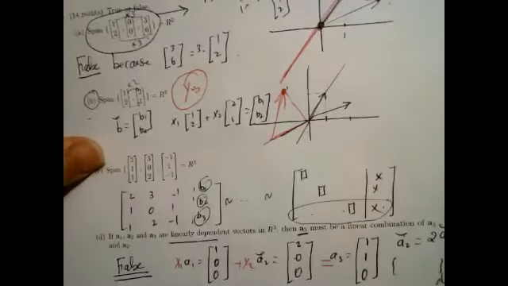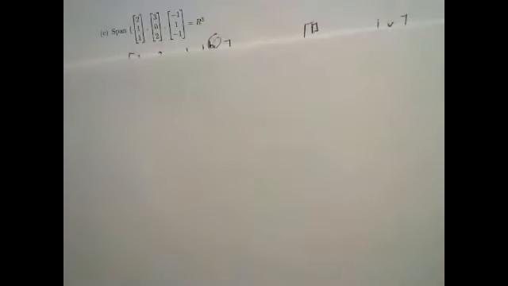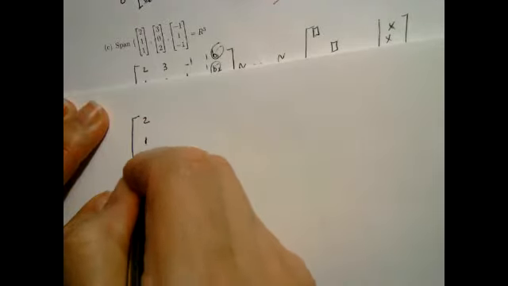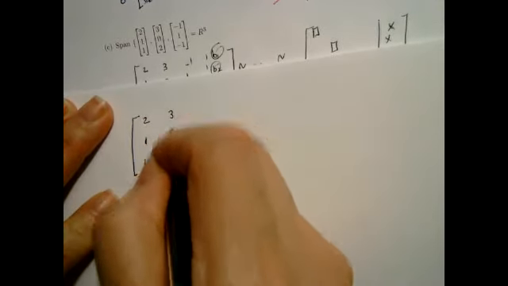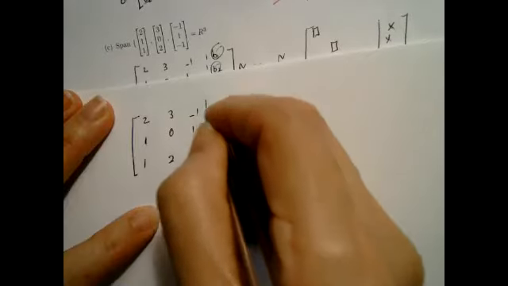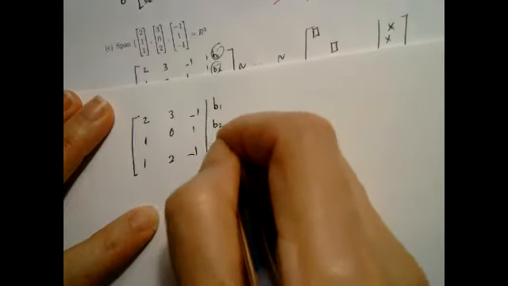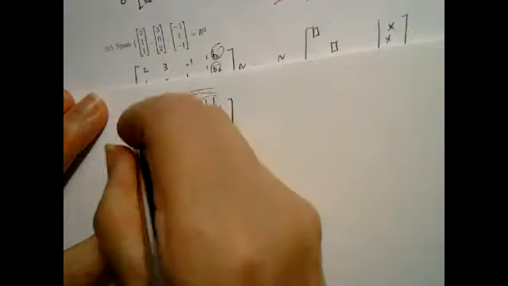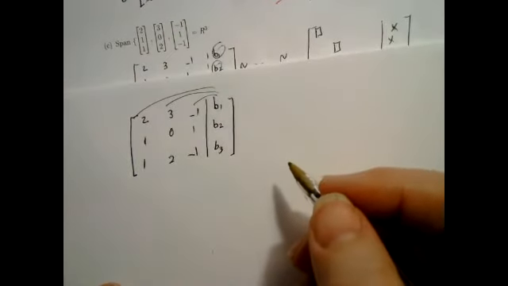Okay, let me work it out, because this is one of those questions that I cannot just look at those vectors and tell. If I work it out, it means I ask myself, if I plug in any vector here, can I write it as a combination? Are you with me? Yeah.